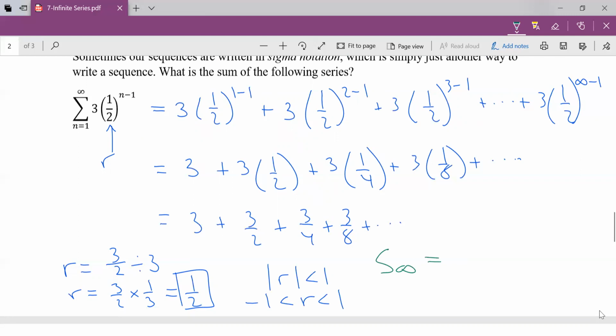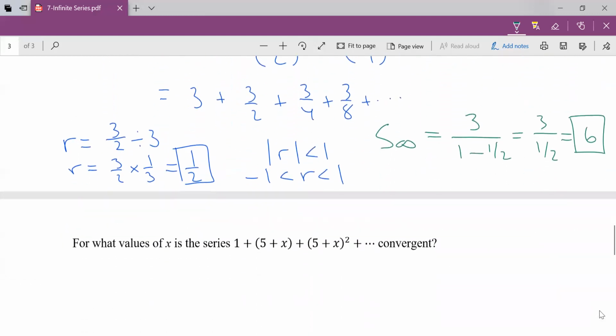T1, well, term 1 is 3, over 1 minus r, which is 3 over a half, which is 6. So when you've got sigma notation, find the first few terms, find your ratio. If it's convergent, you can find this series.